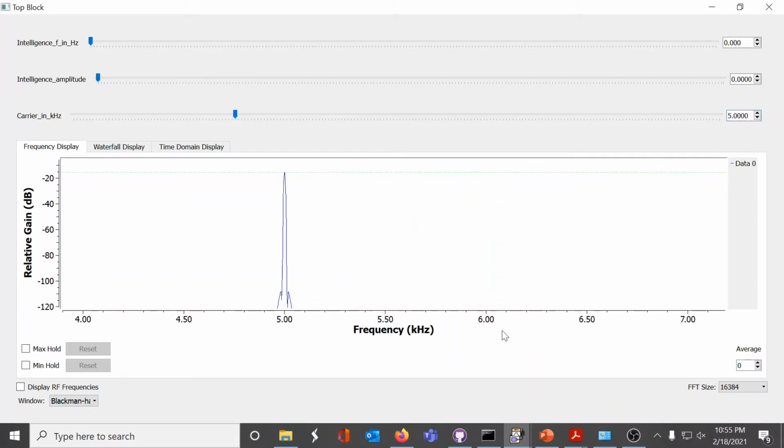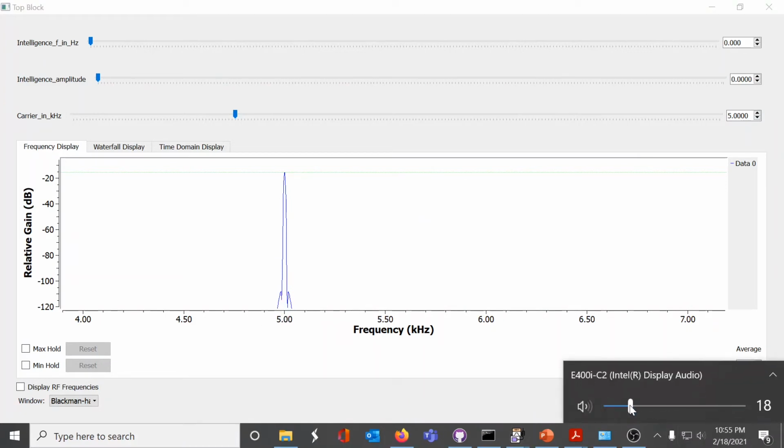If we zoom in on the spectrum, we see the carrier at 5 kilohertz. If you're curious, it sounds like this. Right, that's fairly annoying. The intelligence up here can be changed, as can the amplitude of the intelligence.